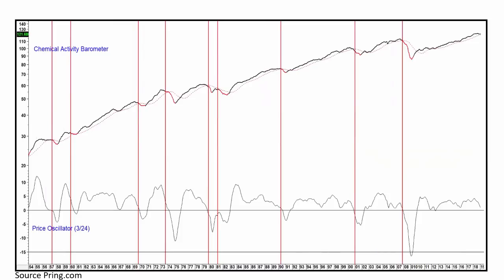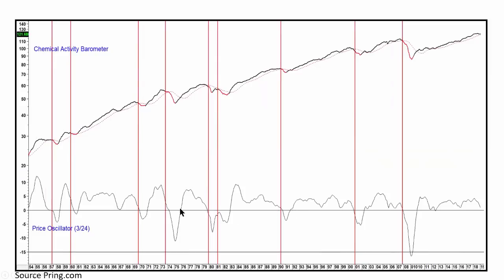Well, what we're looking at here is, again, another price oscillator, 3 months divided by 24 months. And you can see once again that this indicator also is approaching the zero line. And when it crosses below zero, historically, it's had a pretty consistent record of identifying recessions.